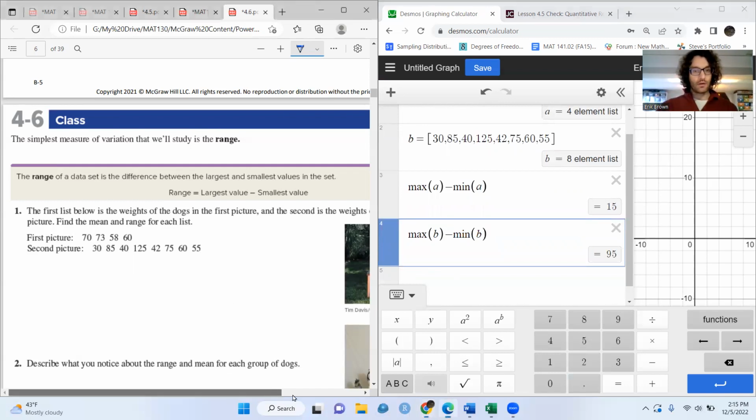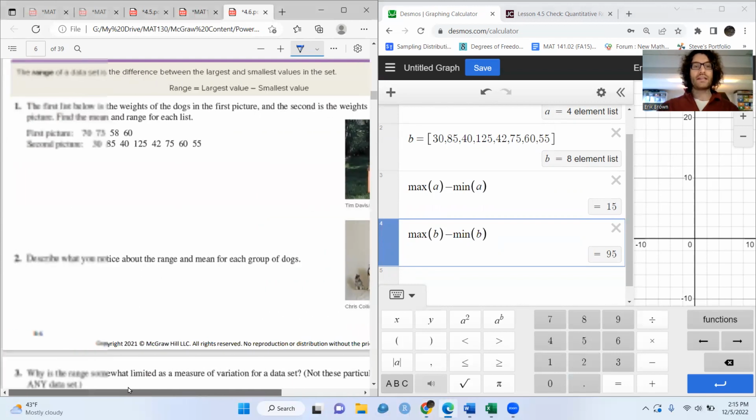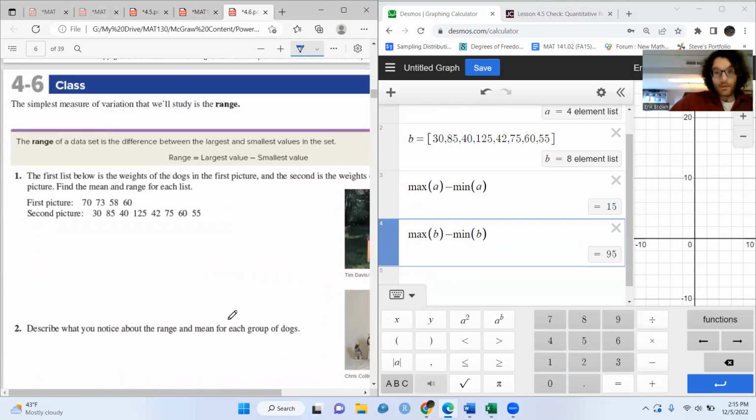When we compare the ranges, they're quite different: a total of 15 pounds in between versus a total of 95 pounds in between.